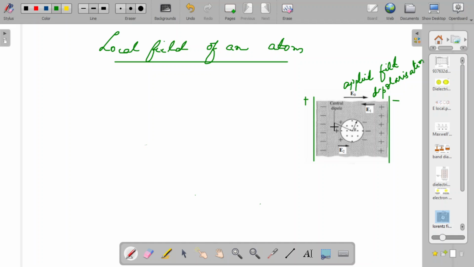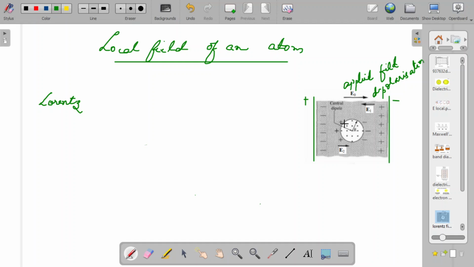Fine. Now, our attempt is to find the local field of an atom. This method of finding the local field of an atom was introduced by Lorentz. His idea was that you consider a small spherical cavity within the dielectric material, where this cavity contains the atom which we are interested in.